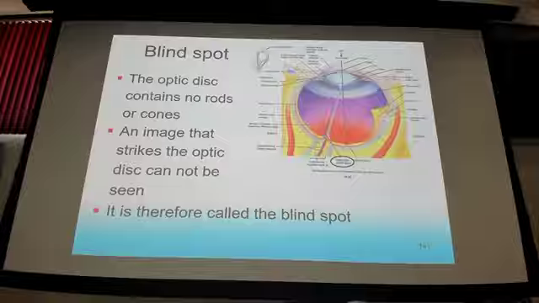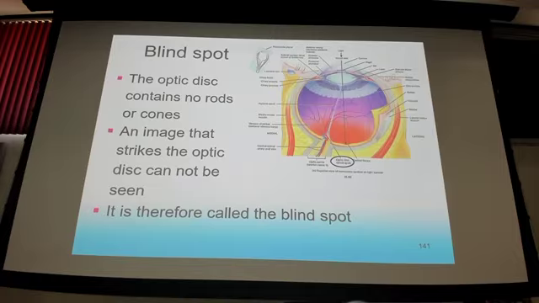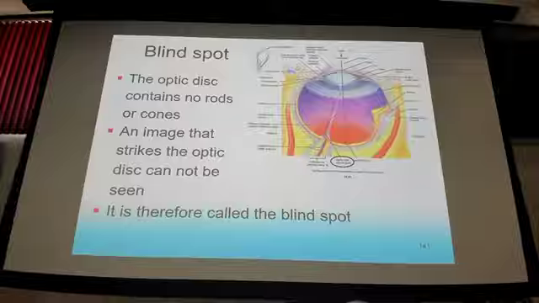You can actually find your blind spot if you make a pencil-head, number 2 pencil eraser size dot on a piece of paper. You cover one eye, and you slowly move the paper. You look straight ahead, but move the paper, and you can see it out of your peripheral vision. Eventually, if you do it right, you'll see that dot disappears. When it disappears, you've found your blind spot.